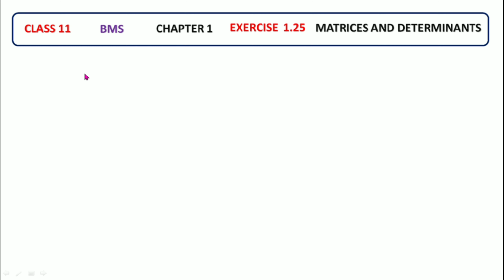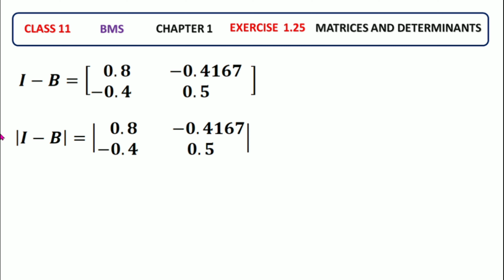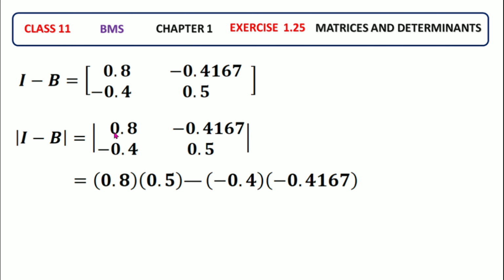I minus B solved. In this I minus B, look at the elements and we can solve for the determinant value. Determinant value: the main diagonal elements multiplied, 0.8 and 0.5, and minus the other diagonal elements, 0.4 and 0.4167. Multiplying these values, 0.4 minus 0.16668 gives 0.234.